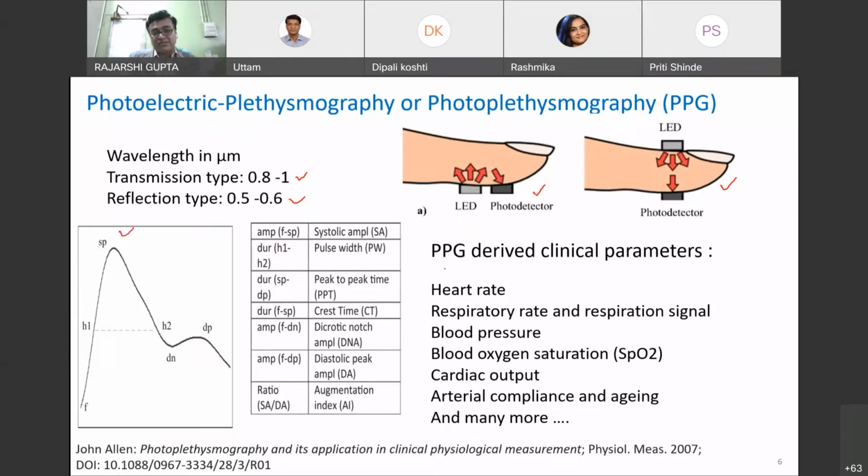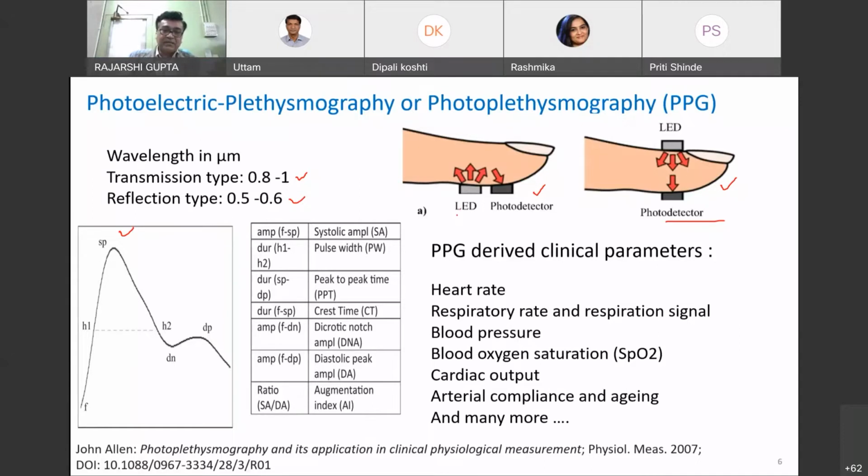If you consider the transmission type technology, most of the energy is absorbed in this blood-full or oxygen-rich blood when there is an increase in pulsatile blood flow.